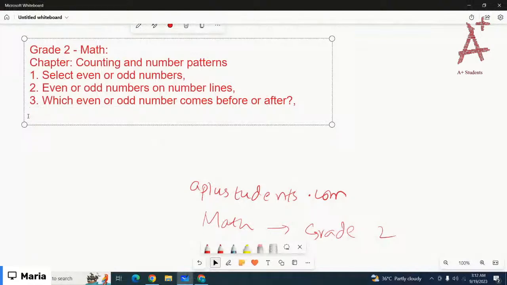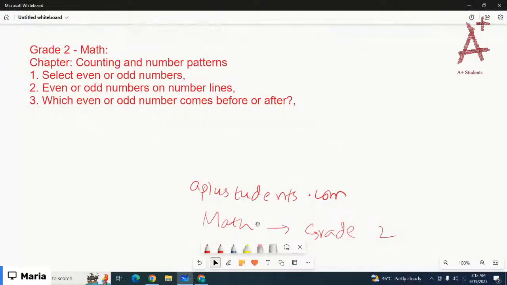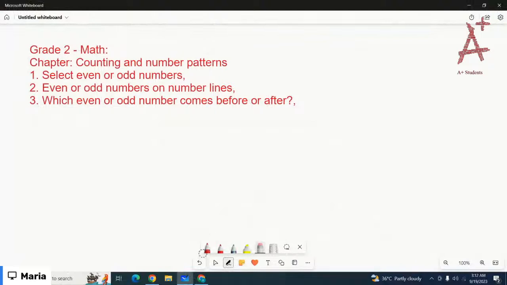Let's do a quick review about the even and odd numbers. We have done this lesson last week. So what do you know about even or odd numbers? Even numbers are the numbers that can be completely divided by 2, and odd numbers are the numbers that cannot be divided by 2.